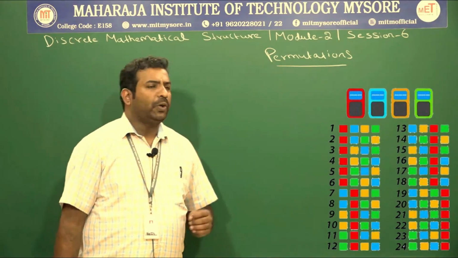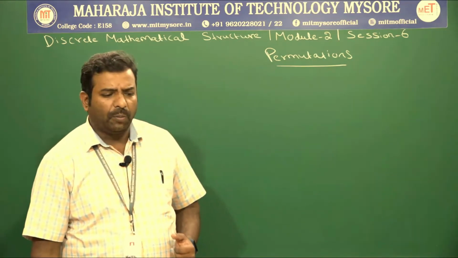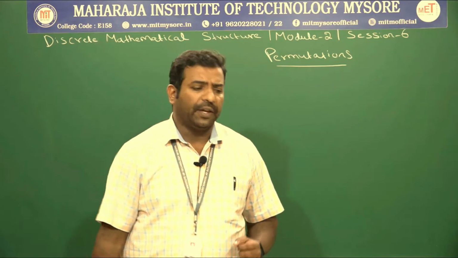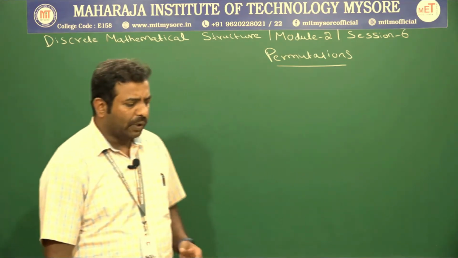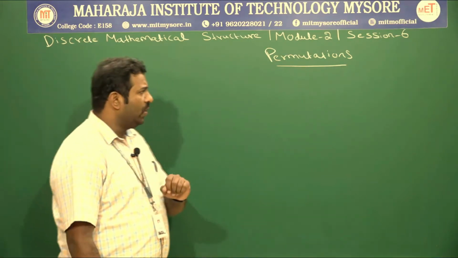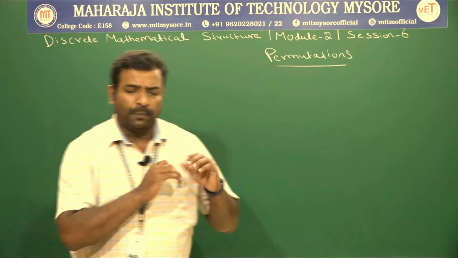Now when I talk about permutation, how do I define it? Though the definition is not going to be in the exact words, let me tell you. You have been given n objects.